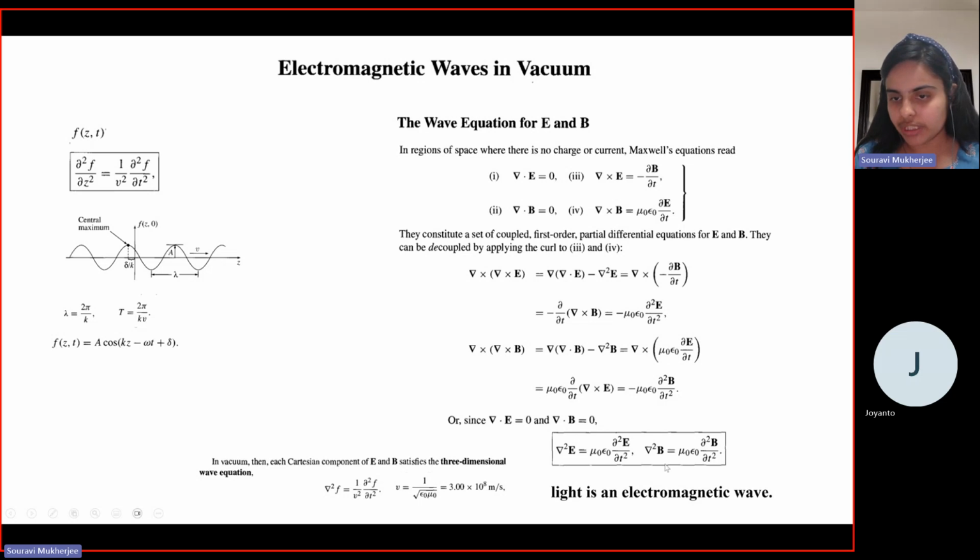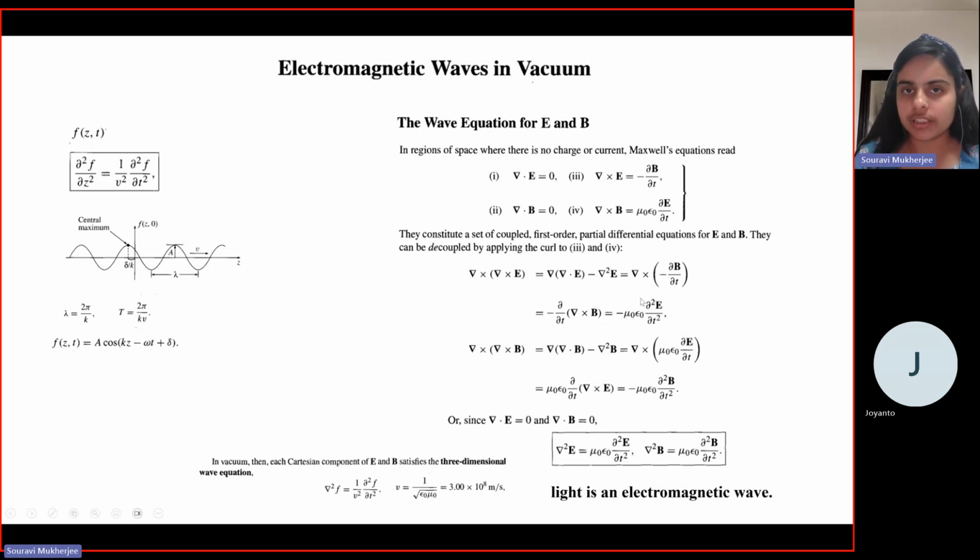Similarly, for B, you would get a similar equation. So this shows that light is an electromagnetic wave. And if you compare this with the traditional Helmholtz equation form, you would see that the velocity of the wave is given by the speed of light, which for free space is 1 by root over epsilon naught mu naught, 3 into 10 to the power 8 meters per second.